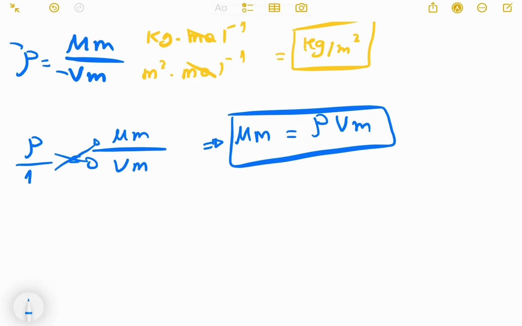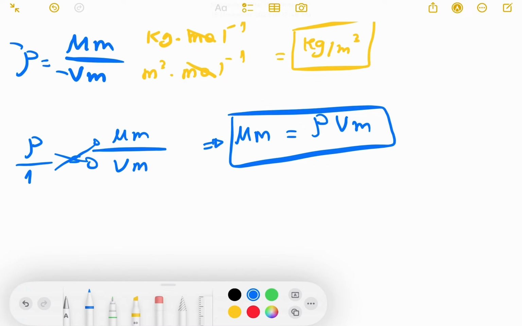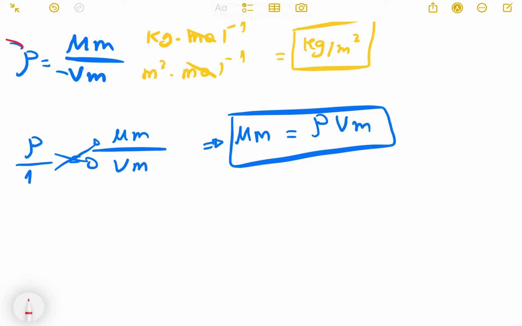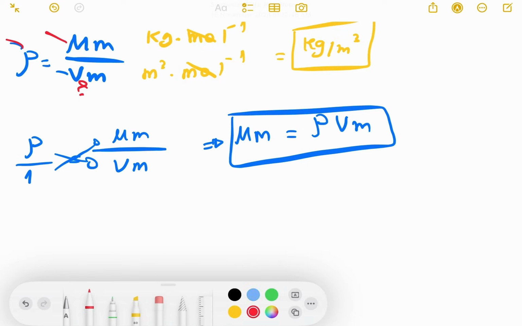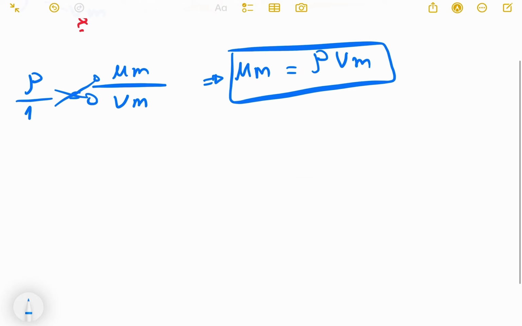What if this time you have density and molar mass, but you are trying to find molar volume? You can do it like this. Say again, density divided by 1 is equal to molar mass divided by molar volume.